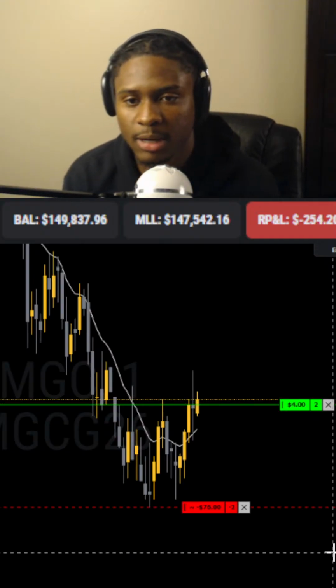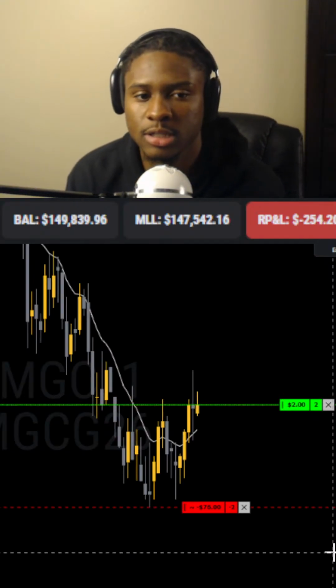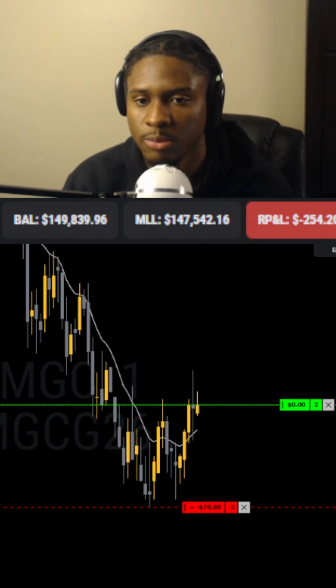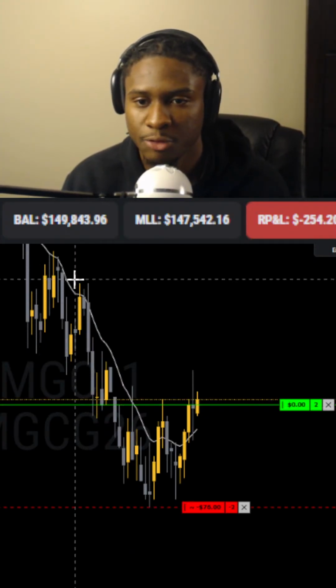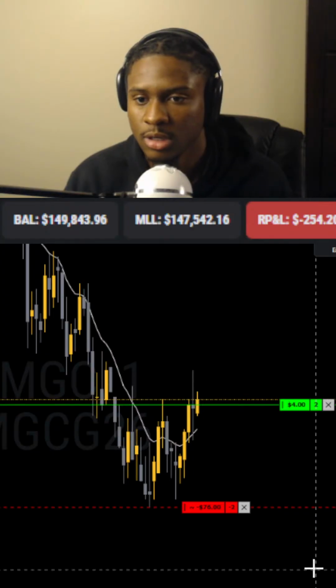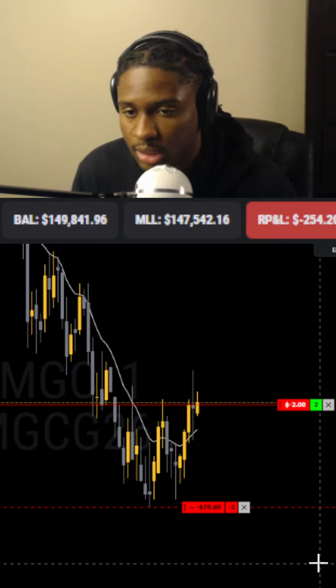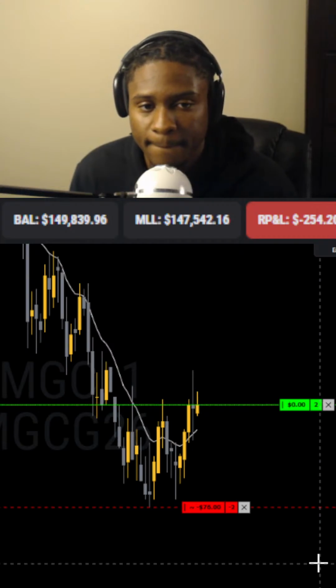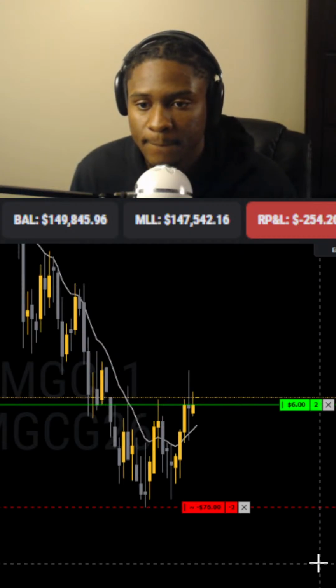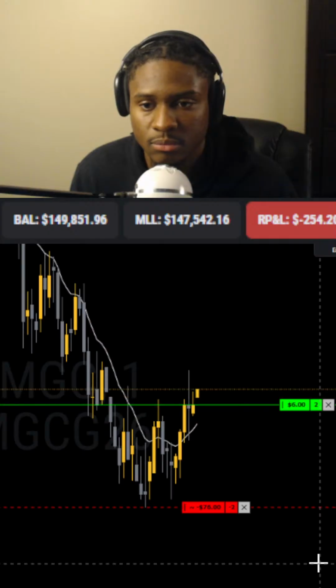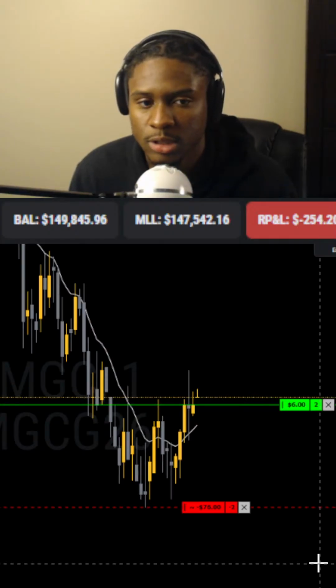I'm looking at some liquidity to the left hand side, somewhere in about this area, to probably scale out of my first position, and we'll pull out that trailing stop once again. See, 2 minutes left.